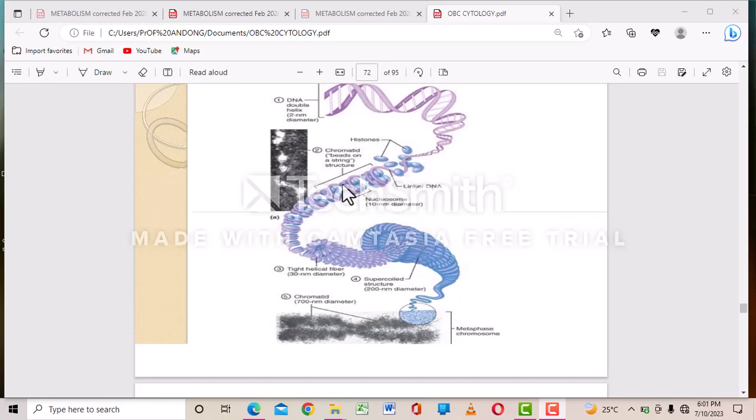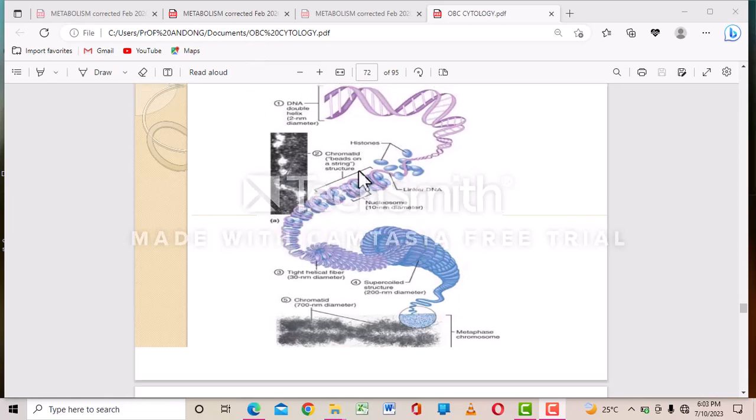Now, the folding of the genetic material around our histone complex forms what we call the nucleosome. These nucleosomes are linked together by intermediate segments of genetic material. The nucleosomes plus these intermediate segments form a bead-like structure which we call the chromatin fiber.